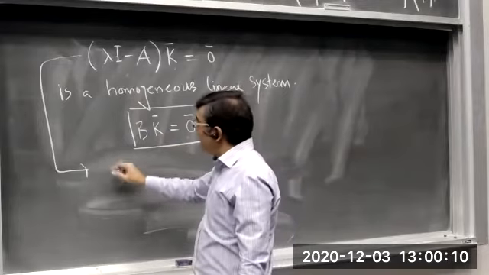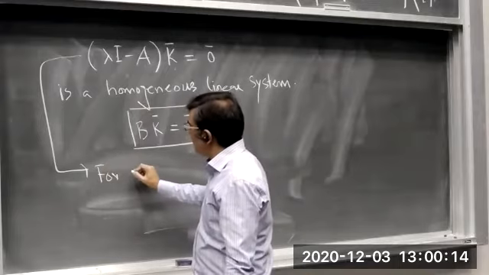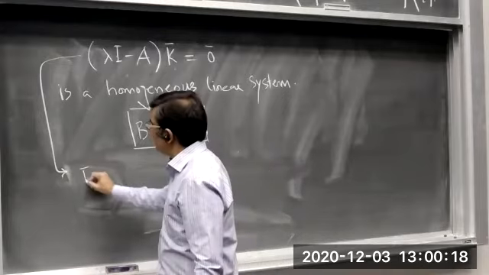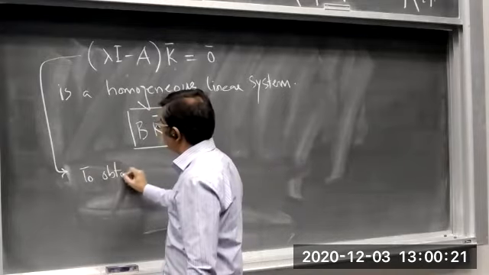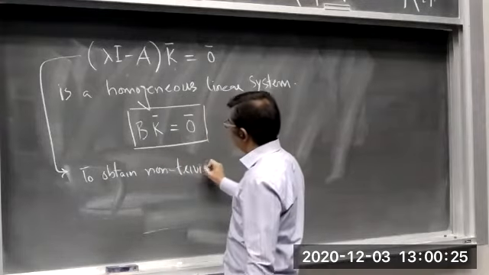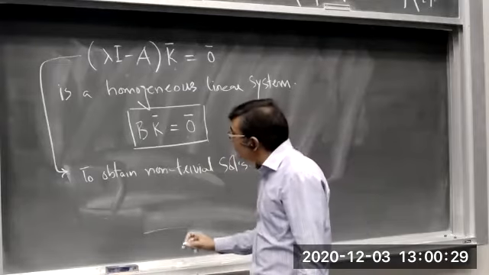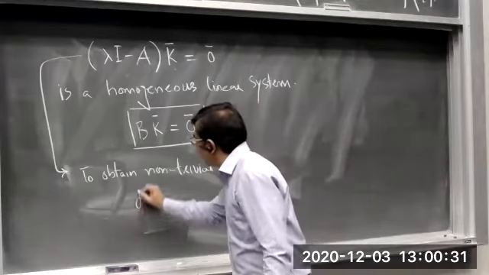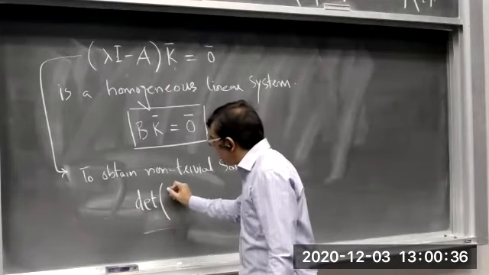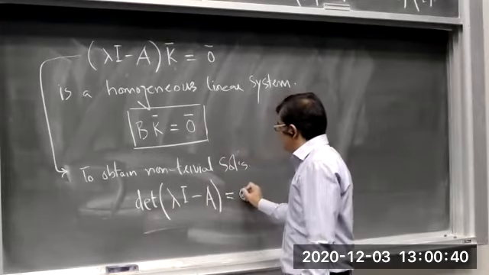This is a homogeneous linear system. In order to obtain non-trivial solutions, what we should have is that the determinant of B, or determinant of λI minus A, must be 0.